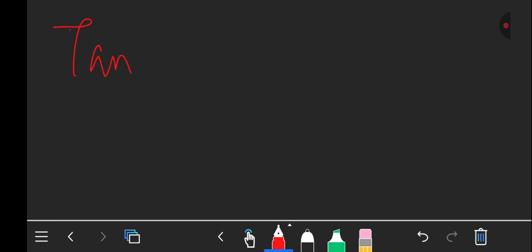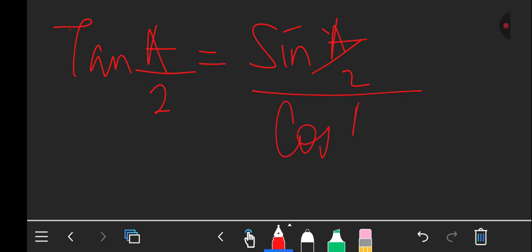So even tan a over 2, let me just get rid of this. So tan a over 2 is simply equal to sine a over 2 over cos a over 2.